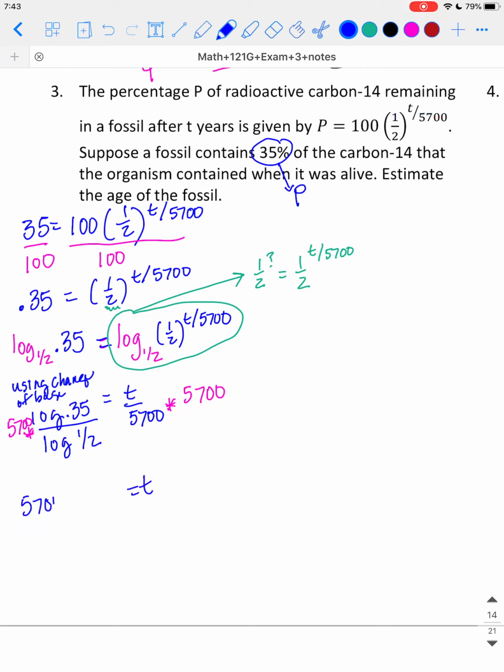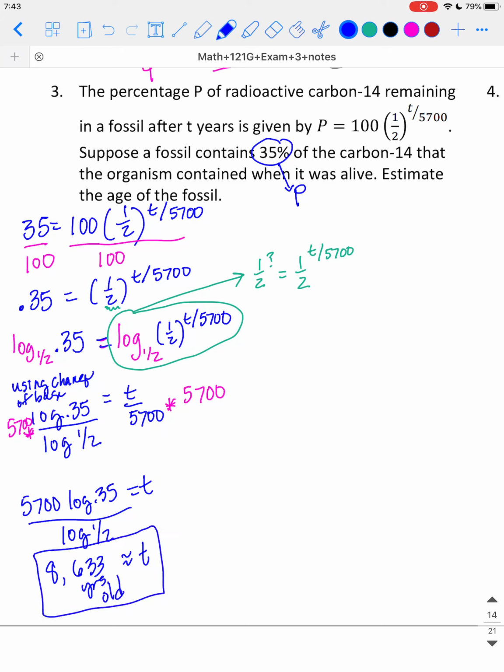So my final answer for T is 5,700 times the log of 0.35 divided by the log of a half. And if you do that in your calculator, it's about 8,633 years old. That's how old that fossil is.